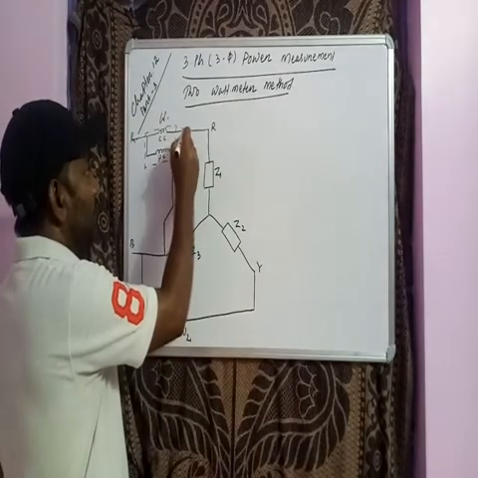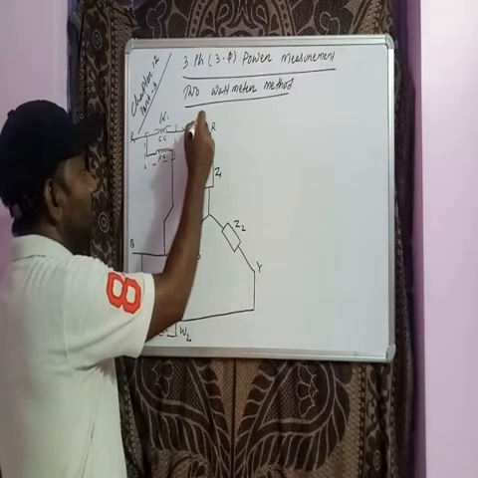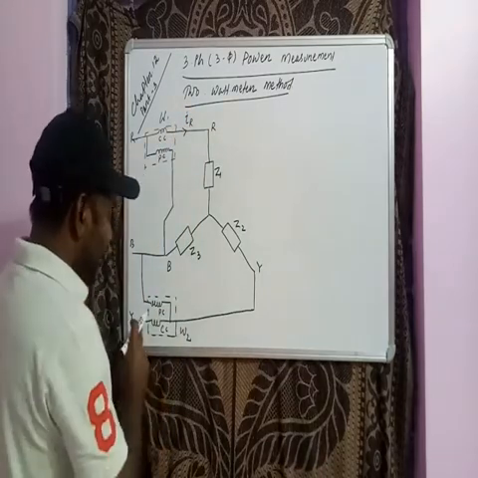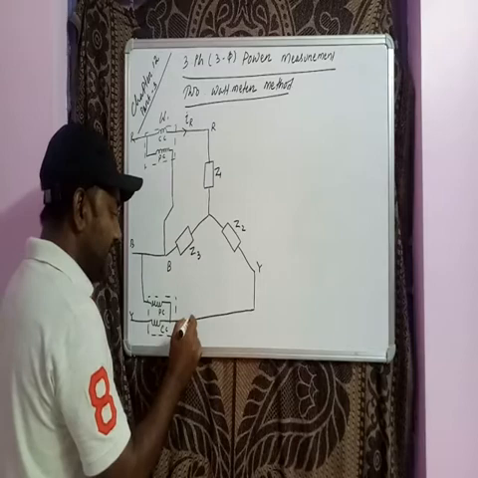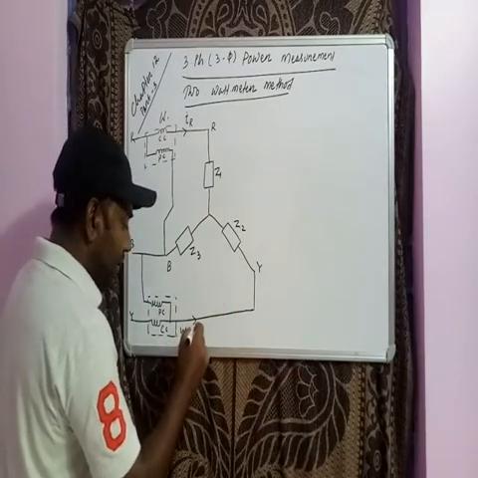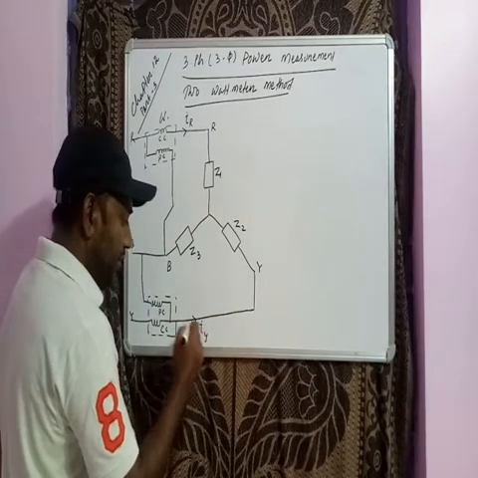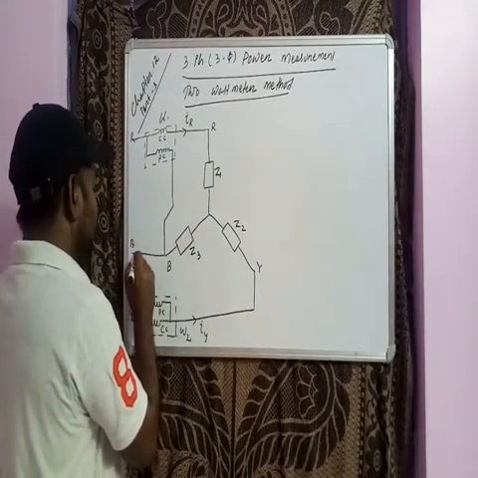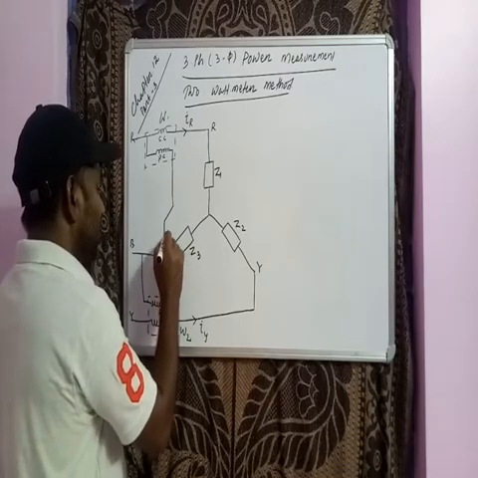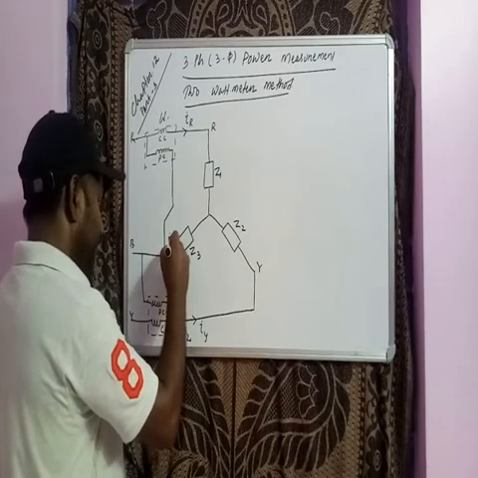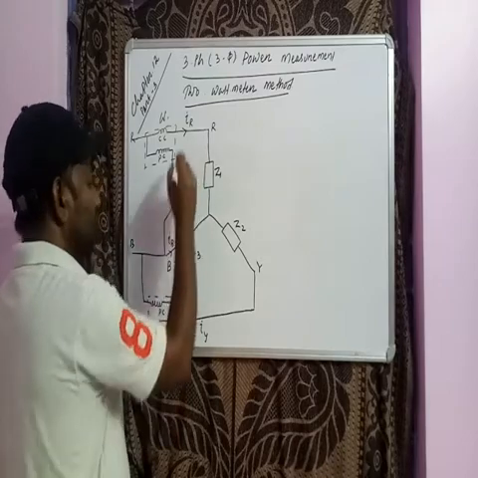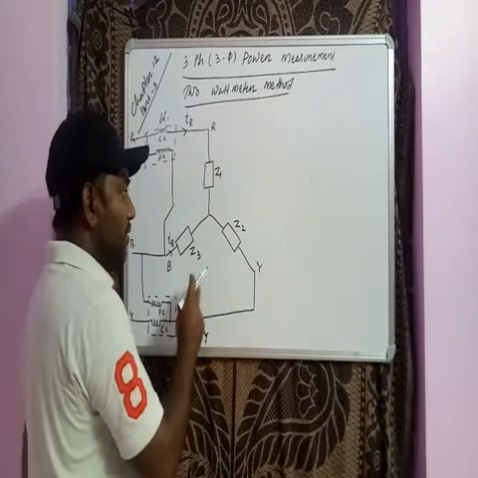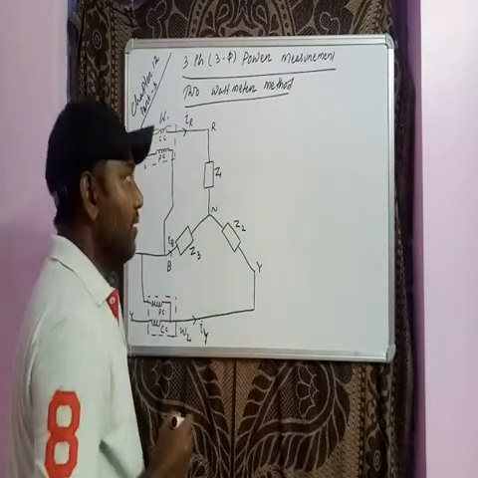So therefore this will measure which current? IR. And since the current coil of wattmeter 2 is connected with Y, it will measure IY, right? So IB current, let it be IB, okay?